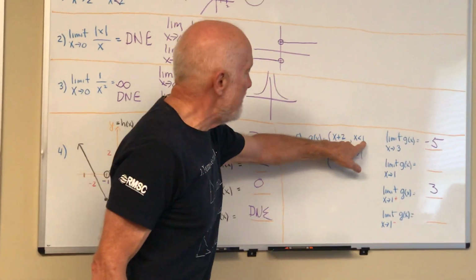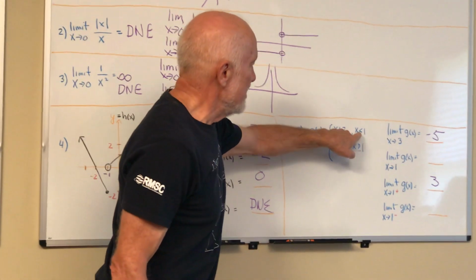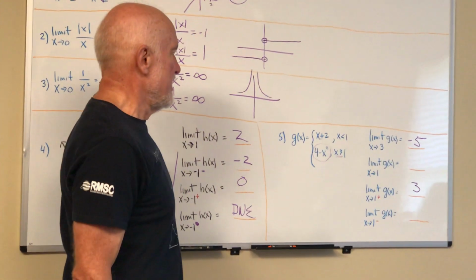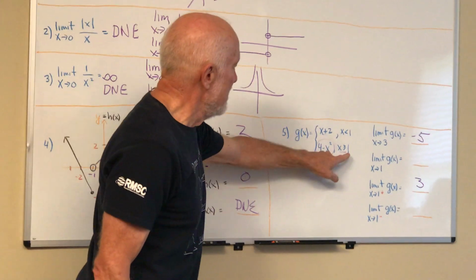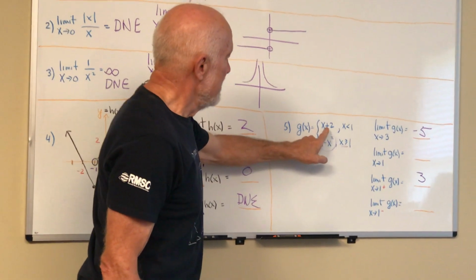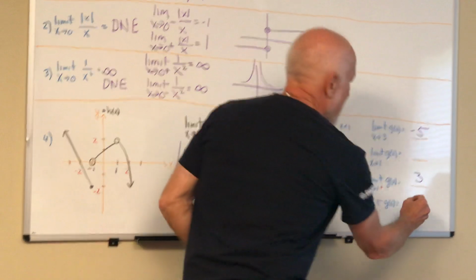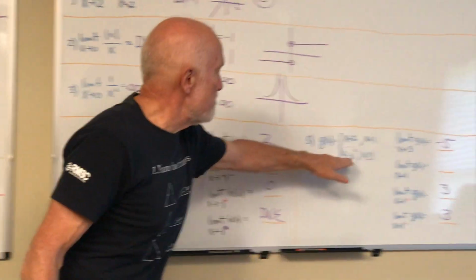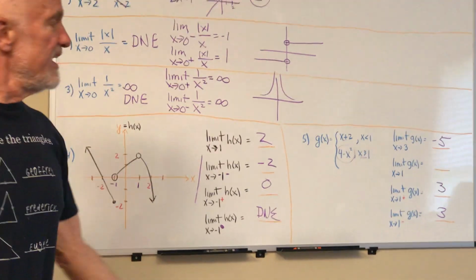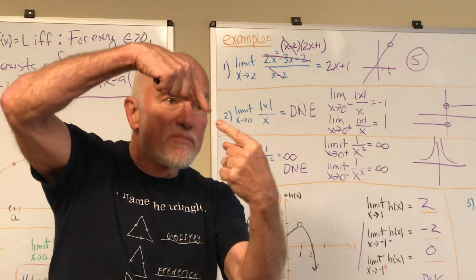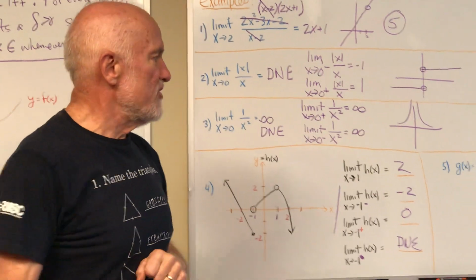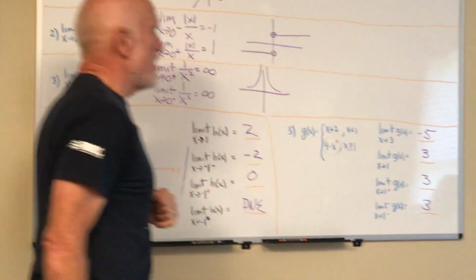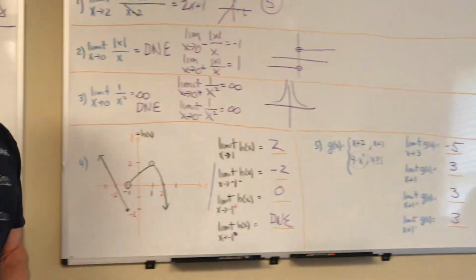From the left, we have to use this function, because to the left would be less than 1. So what do you get when you plug in 1? 1 plus 2 is 3. Those two functions, this parabola and this straight line, must come together at that point. So we could say, since the limit from the left equals the limit from the right, the total limit equals 3.